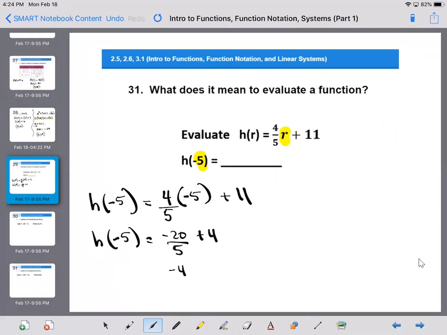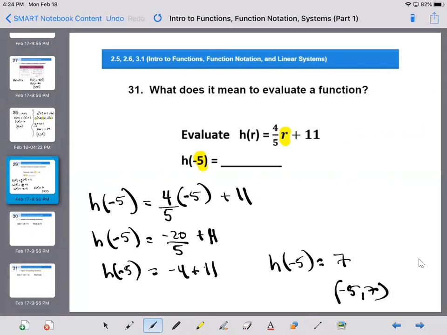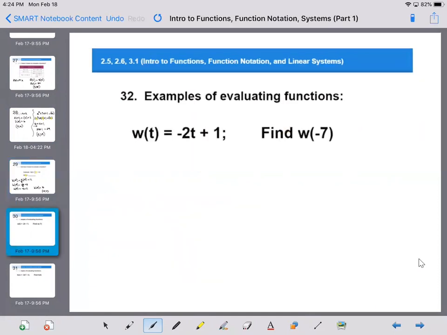Negative 25ths is negative 4 plus 11. And so that's going to be 7. So the function h at an input of negative 5 has an output of 7. So negative 5, 7 would be the ordered pair, or the solution to this when we evaluate it.